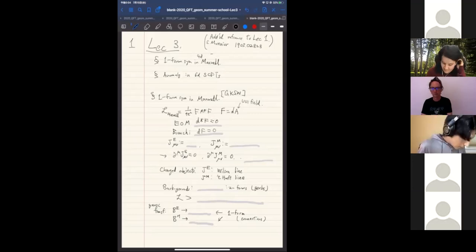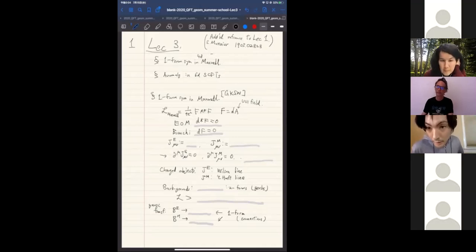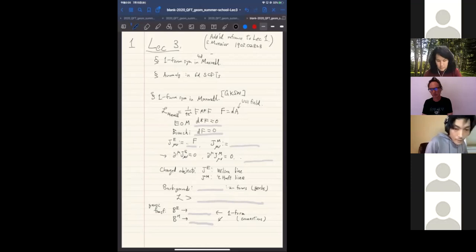The point is that these two equations are just d of something equals 0. You can regard these as conservation laws. So up to some normalization constant, roughly speaking, you can define two currents, J_E with indices mu nu equal to F, and J_M with indices mu nu equal to star F. Then automatically the Maxwell equations say that these two currents are conserved.